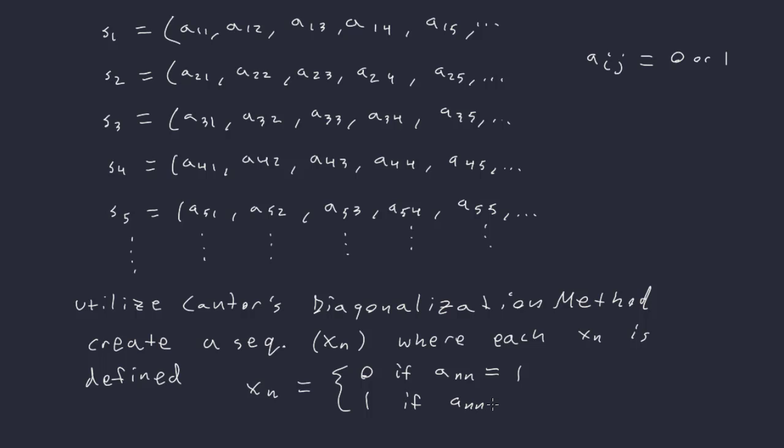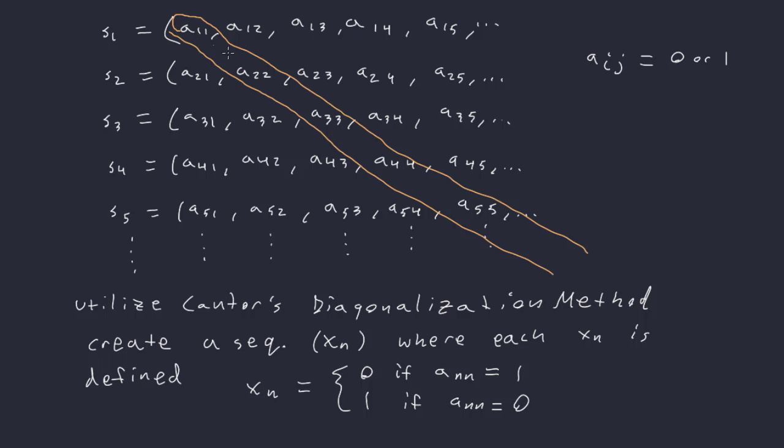In other words, we just take the diagonal and create a new sequence by taking each one of these and swapping them, either from 0 to 1 or from 1 to 0.